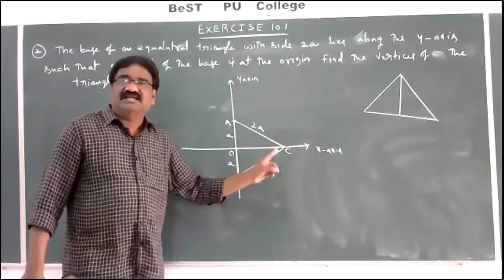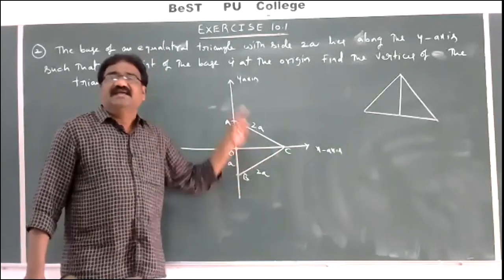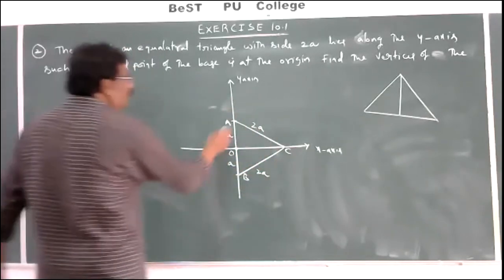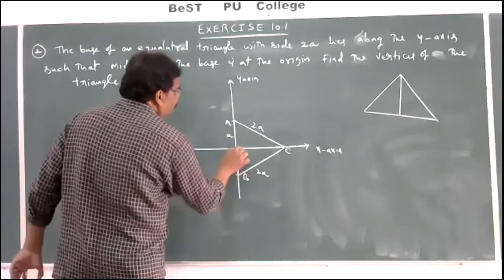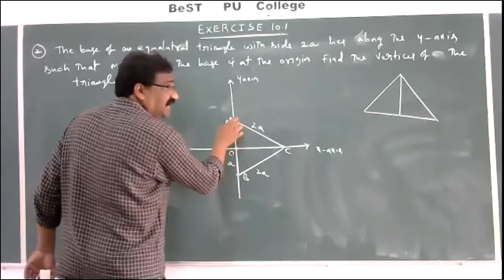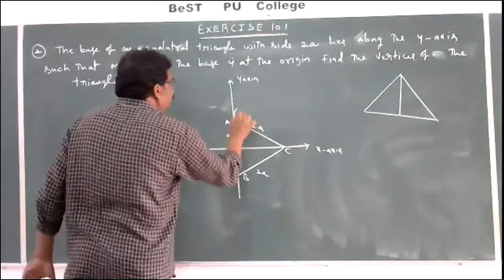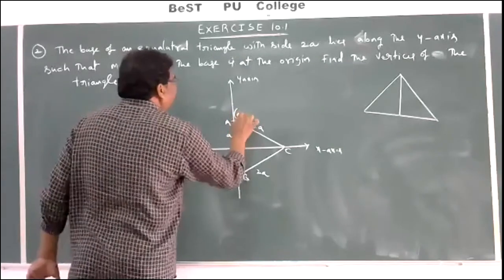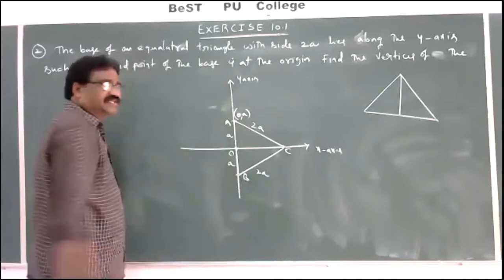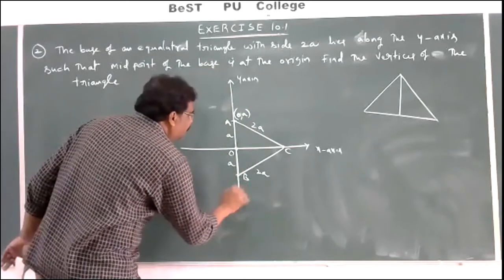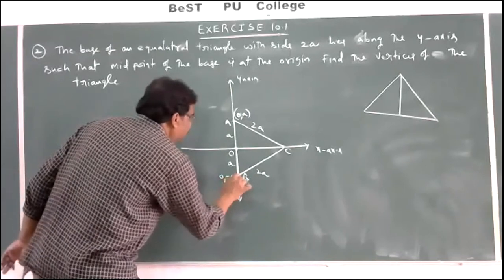So compulsorily the third vertex C lies on the x-axis. From the origin to this point the length is a, and from the origin to the other point the length is a. So this vertex is 0, a in the positive direction, and this vertex is 0, minus a in the negative direction.